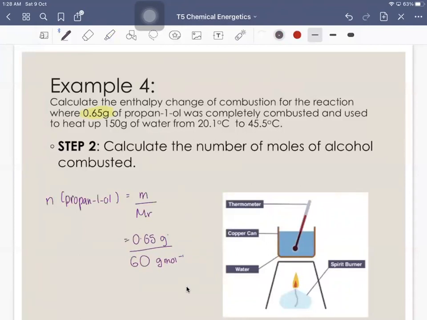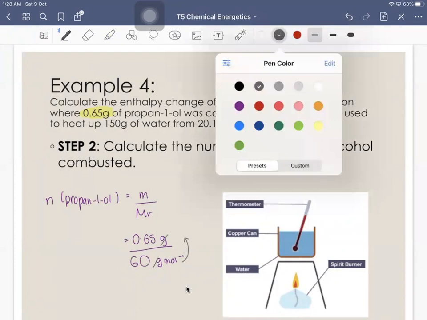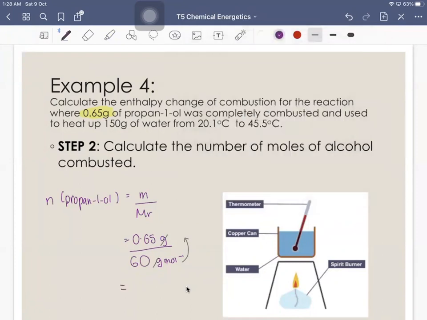You bring up the mole to the power of minus 1, it becomes mole. And the answer for this is 0.0108 mole to three significant figures. Please check the calculation for me just in case I made a mistake, which I usually do.